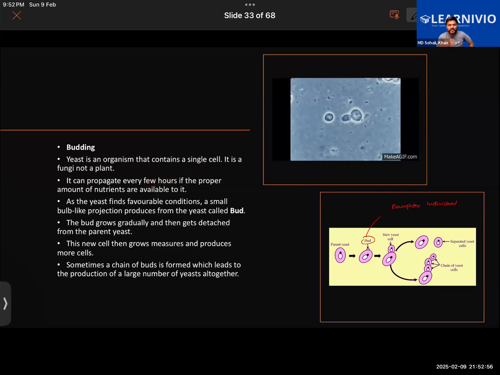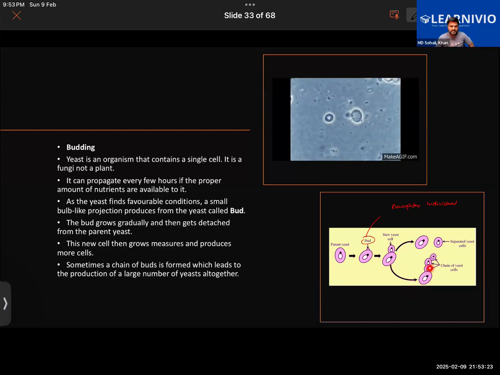It can grow very fast if an adequate amount of nutrition is available to it. Under favorable conditions, the parent yeast will develop a bud on it. The bud will later on grow into a new cell and finally will detach from the parent cell. Hence a new yeast cell has been formed. Sometimes it can remain attached to the parent cell and form a chain of yeast cells like this.